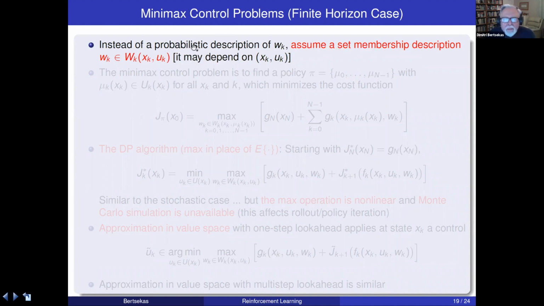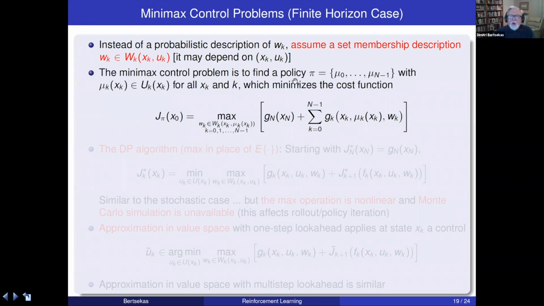You have a system perturbed by disturbances, and you also have a cost function over n steps. And you assume that the disturbances at time k are going to be chosen from some set that may depend on the current state and control. This local dependence allows the development of the dynamic programming algorithm.